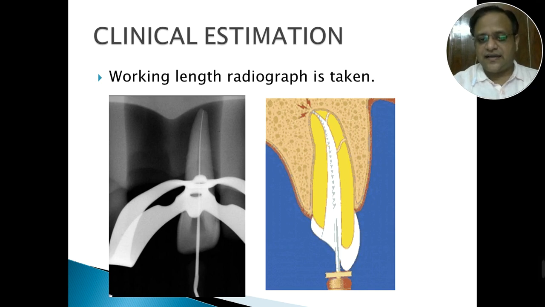In this scenario, if the file that you have inserted has gone beyond the apex by 1 mm, or it is falling short by 1 mm, you should adjust the entire file at this point, and you should not create any ledges, or make any mistakes at this point of time. If you feel that your file has gone beyond the apex, or it is short of the apex, it can be adjusted.